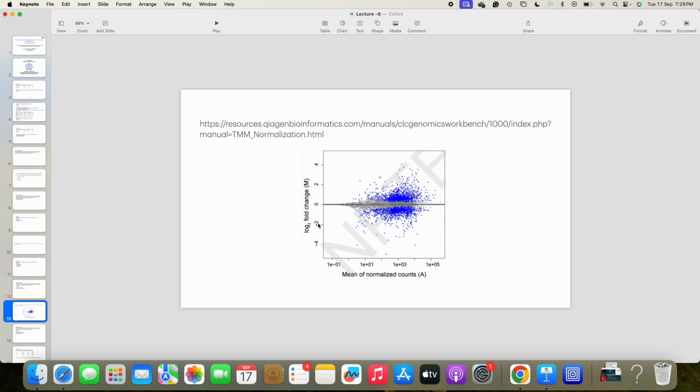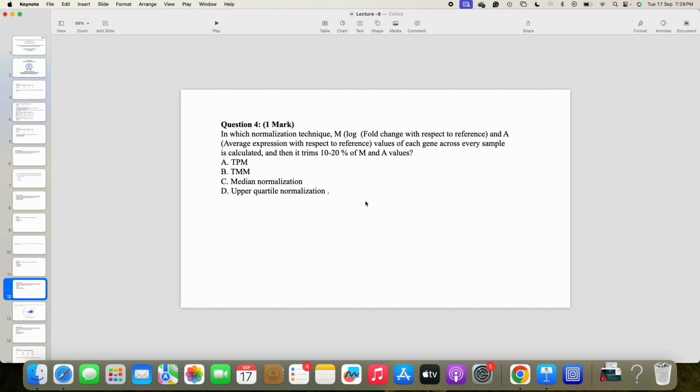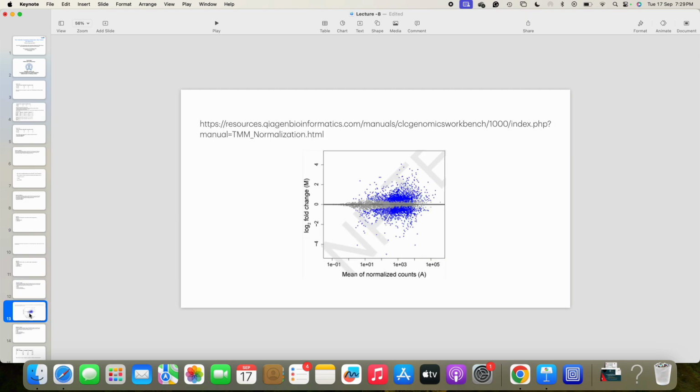We compare the fold change, basically the read count number, with respect to the expression of our gene of interest or between the samples. So these sorts of normalization methods, in the initial question, were done within the sample, and these methods are used between the samples.